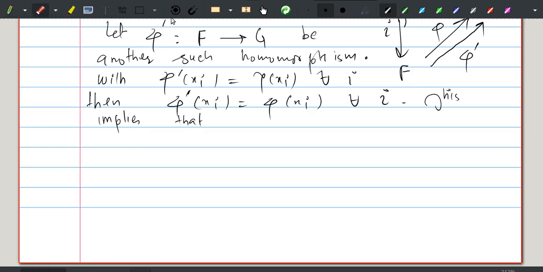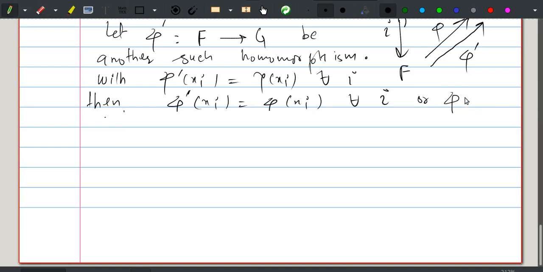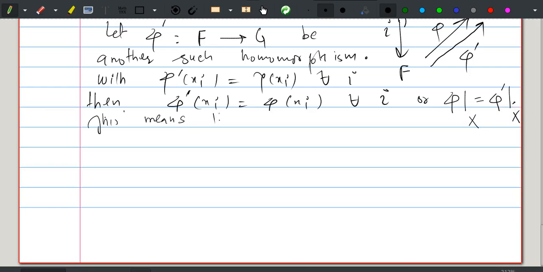So let us write one more step here. Phi restricted to X is the same as phi prime restricted to X. So now X being a generating set, phi and phi prime agree on X. This means that phi is equal to phi prime on F as well.